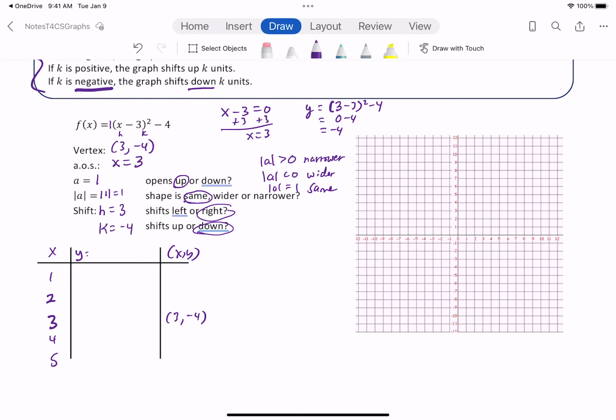And then we're just going to plug these in. So in the place of x, I'm going to put 1. And again, you don't have to show me steps for this. Just use your calculator and enter that like it looks. Parenthesis 1 minus 3, parenthesis squared, minus 4. I got 0. So this point should be 1, 0.